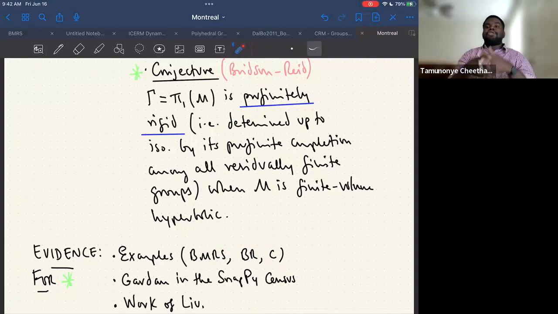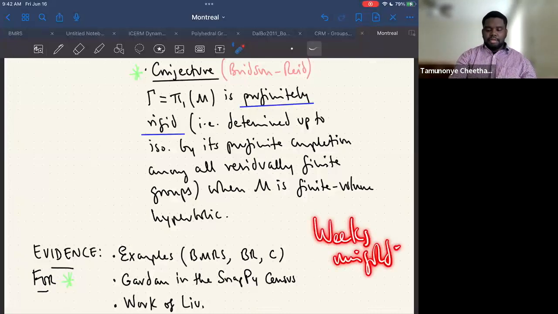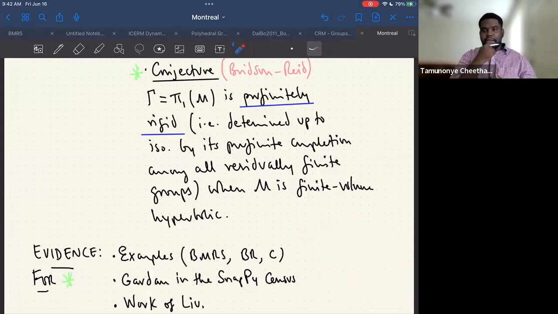This is the absolute profinite rigidity results. So for example, you mentioned the Weeks manifold, and then there's this lattice PSL2 of O3 that Bianchi observed.